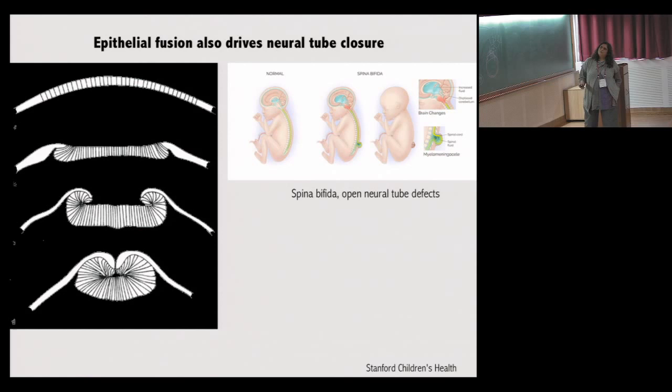What happens to the flanks is like what happens to the tissues that are abutting the neural ectoderm that help cover up the neural tube after it has invaginated. And if you have failure in this process, then the neural tube stays open to the outside.